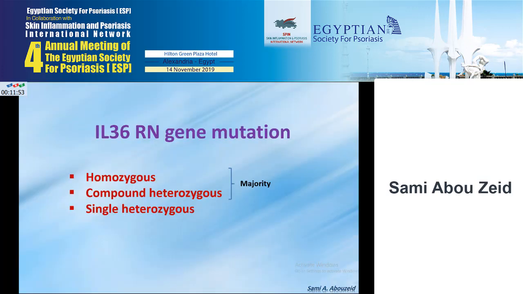This gene mutation can be homozygous, compound heterozygous, or single heterozygous. Most commonly, it is homozygous or compound heterozygous.